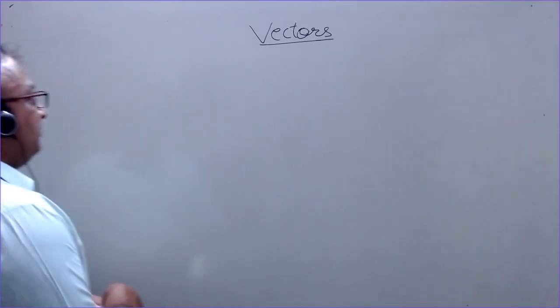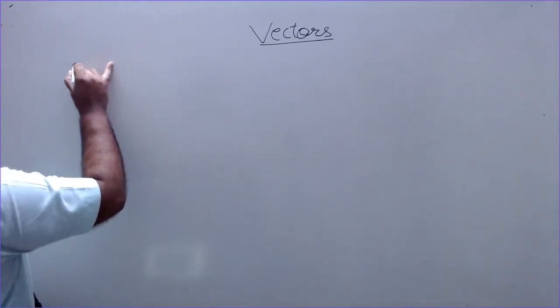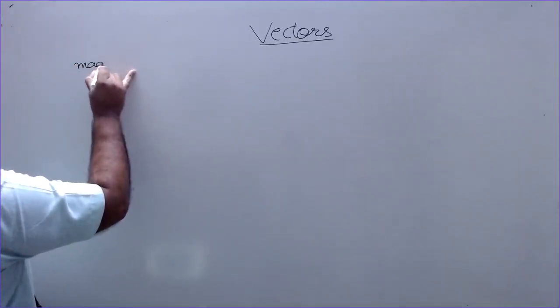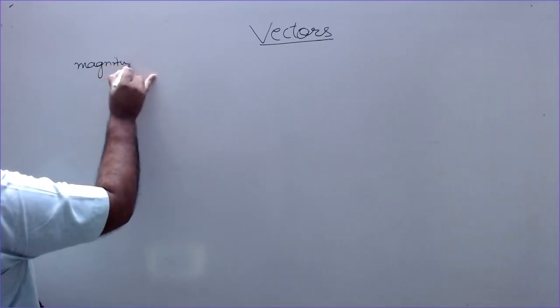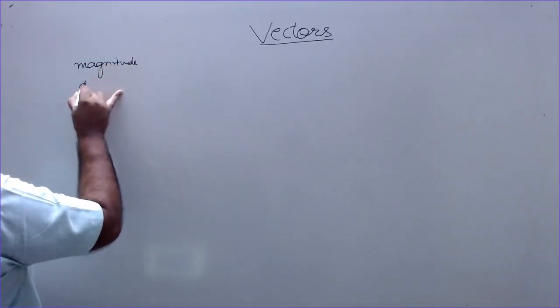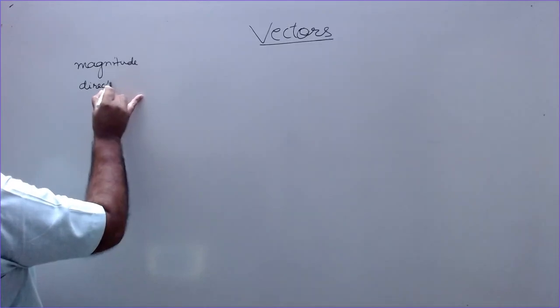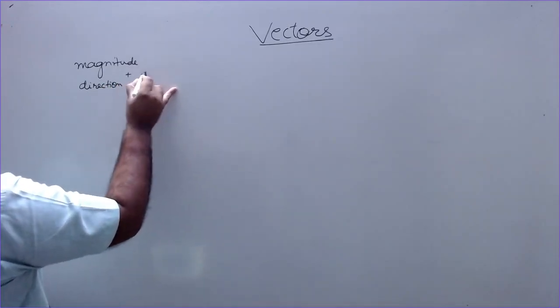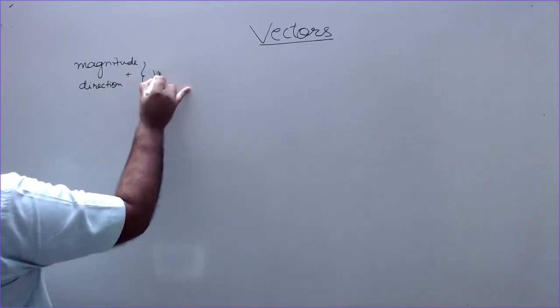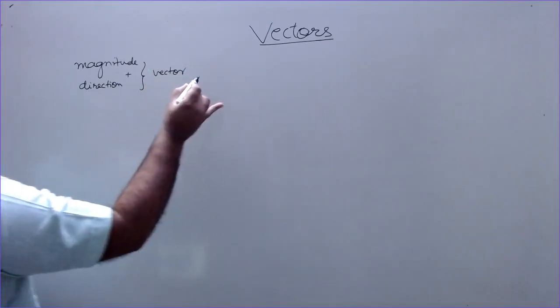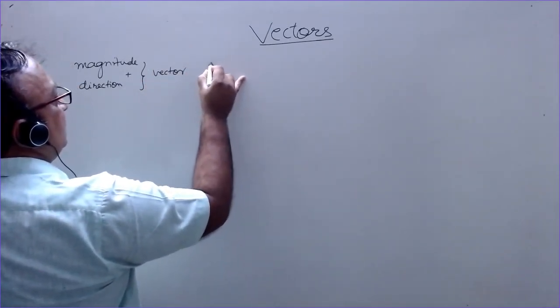So first of all, let us discuss what is a vector. As you all know, a physical quantity which is having both magnitude and direction is called a vector. Magnitude plus direction. So this is a vector, and the example for this is force.